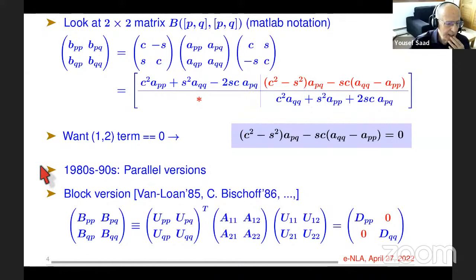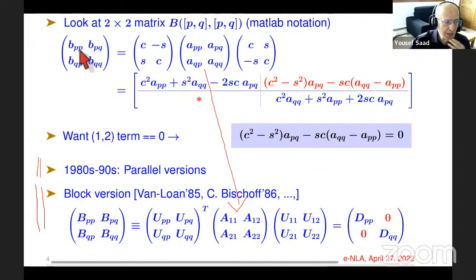Now, in the 1980s, people had a lot of interest in parallel versions. Then there was also a block version that appeared in the mid-80s, and this is actually very simple to describe. The 2x2 matrix now becomes this: you can extract the blocks that you're interested in.